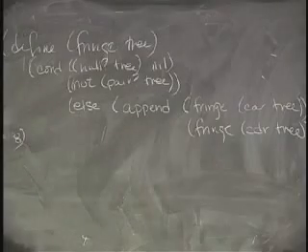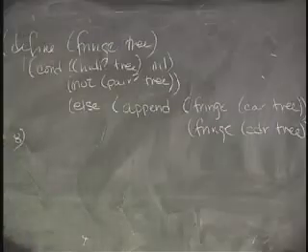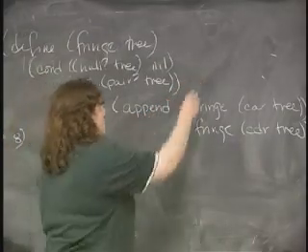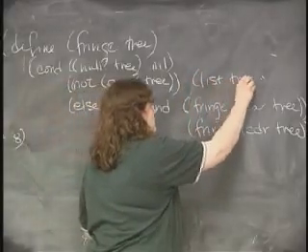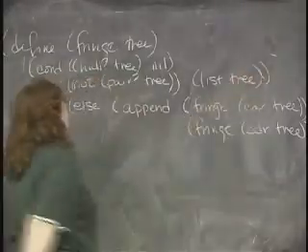Now, if we're using append as our operator, what needs to be here? What does append expect as arguments? Lists. So what do we need to have here? List tree.